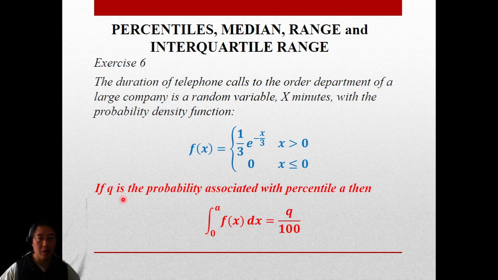We're going to leave the percentile unknown as a fraction of 100, and the upper boundary as a variable as well. We'll substitute the function f. Now it should be from negative infinity, but because for negative values the function is 0, we can start from x equals 0.